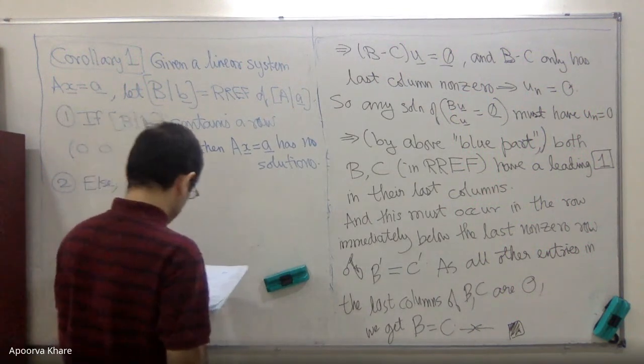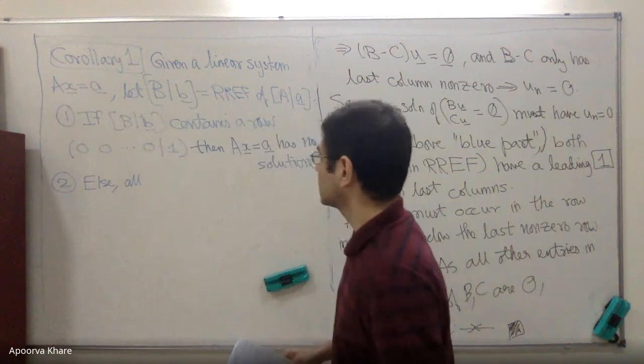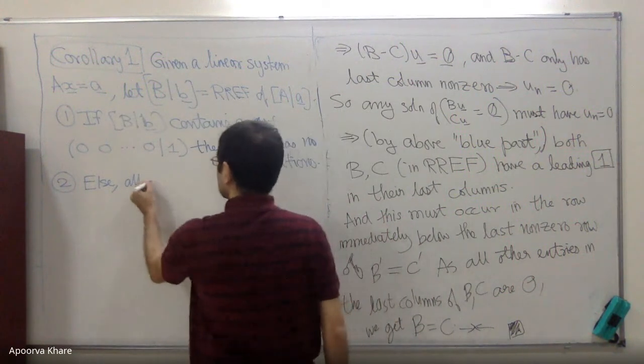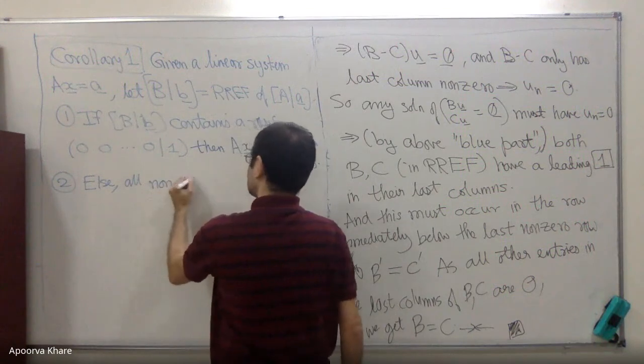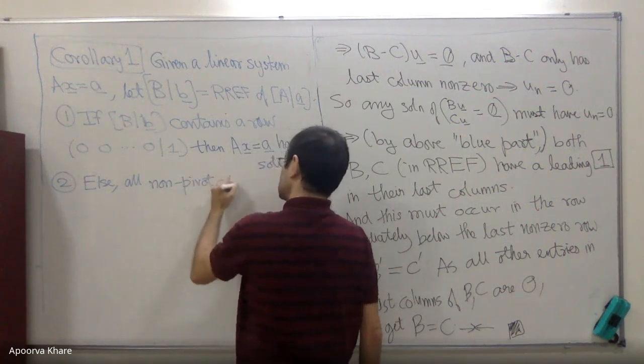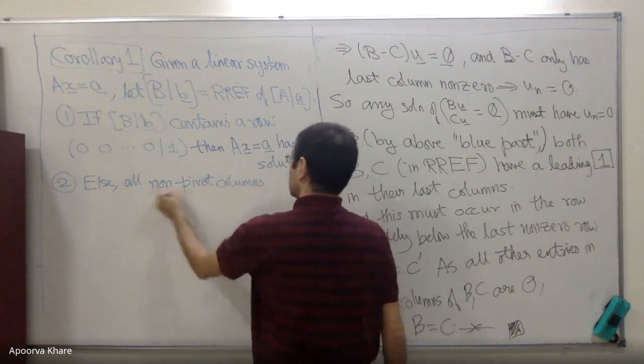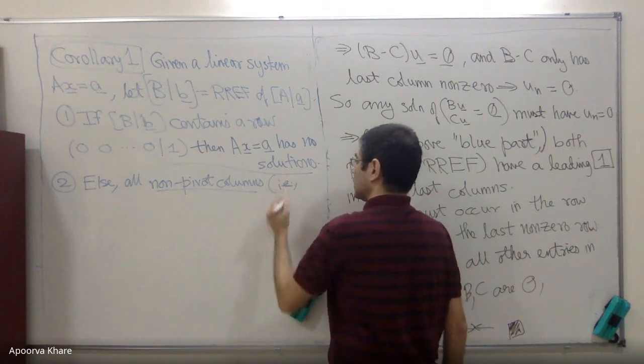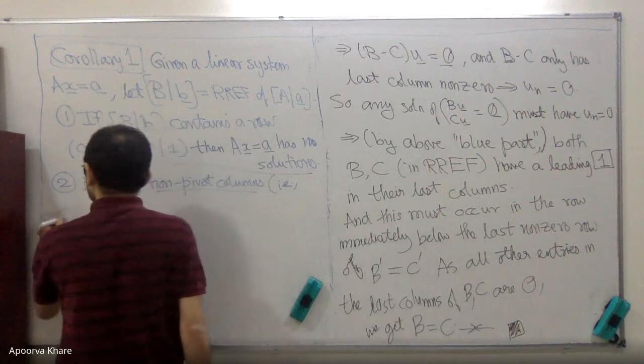So else, all non-pivot columns, i.e., columns not containing the leading one. You have these leading ones which correspond to the pivot columns, and you have the non-pivot columns.